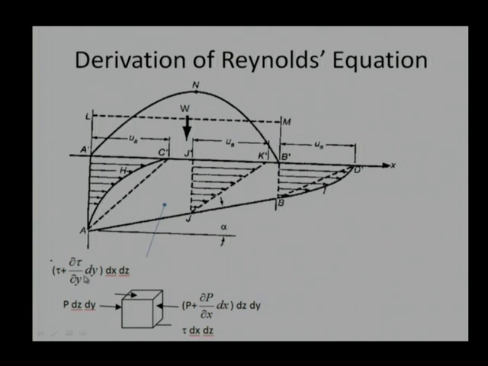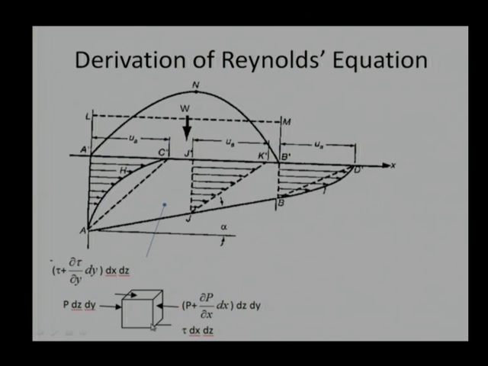So, we are assuming the shear stress on the top surface of the element will be more compared to the shear stress at the lower surface. That is why it is given as tau plus some gradient of tau, while at this surface there is no gradient, it is only tau. For the force we have to multiply with the area.